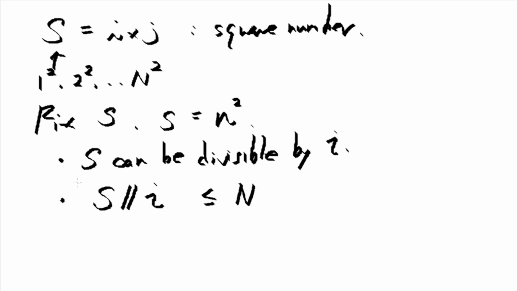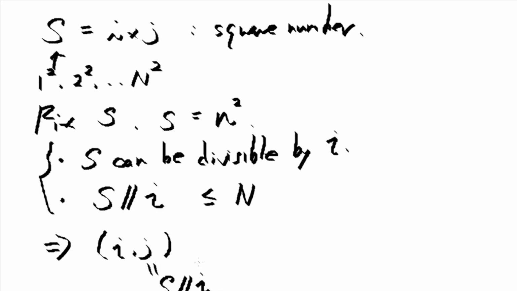If they are satisfied, then we get a pair i, j as desired, because j equals the quotient.